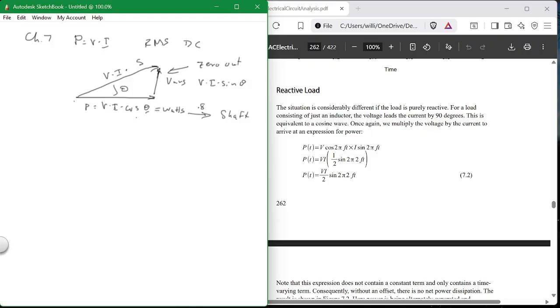And the answer is yes. That's why we use capacitors, to bring this number back down. Okay? So that's the whole idea of the power triangle. When people talk to you about the power triangle, they're talking about this right here, and then they devalue this based on the real world. Okay, so does that make sense a little bit?